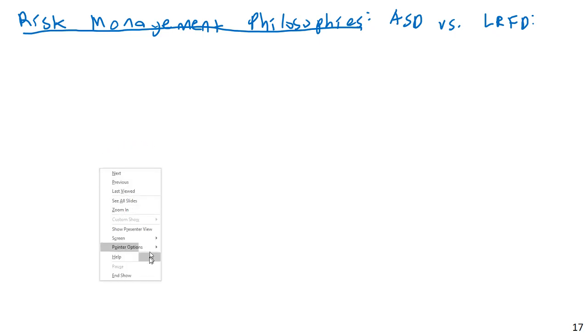So let us first consider, let me just put some subheadings here. Let's do ASD first. Actually, let's write this out and then put the abbreviation. ASD stands for Allowable Stress Design.